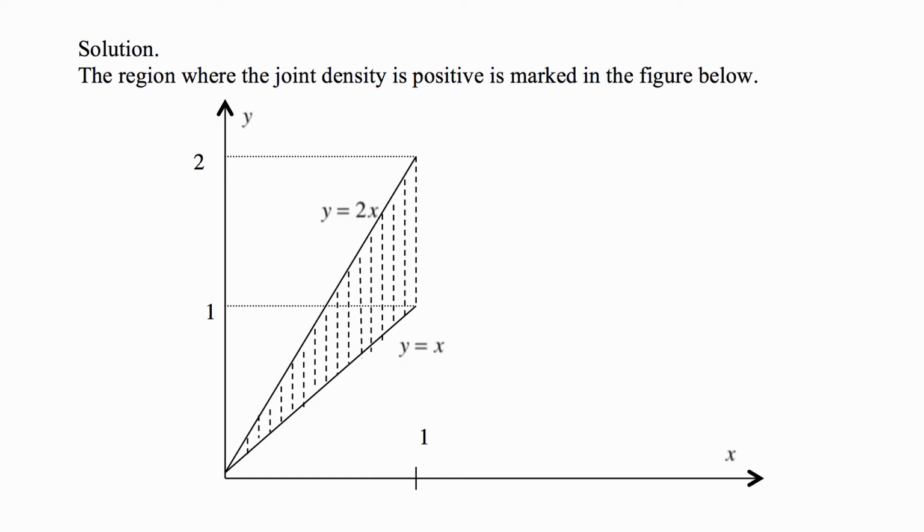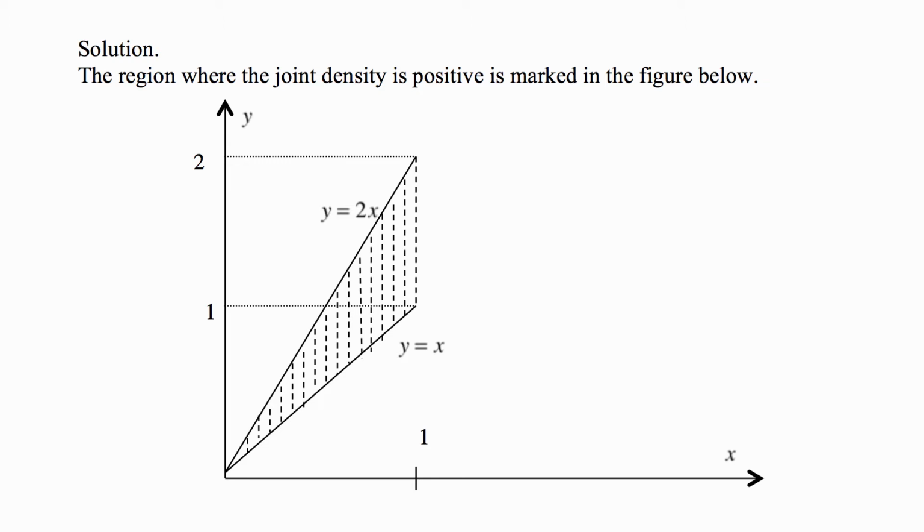Of course, for x equal to 1, the first line reaches y value of 1, and the second line reaches y value of 2. We are told that only for the set of values of x and y such that y lies between those two lines, where y equals x and y equals 2x, and only for x between 0 and 1, is the joint density positive.